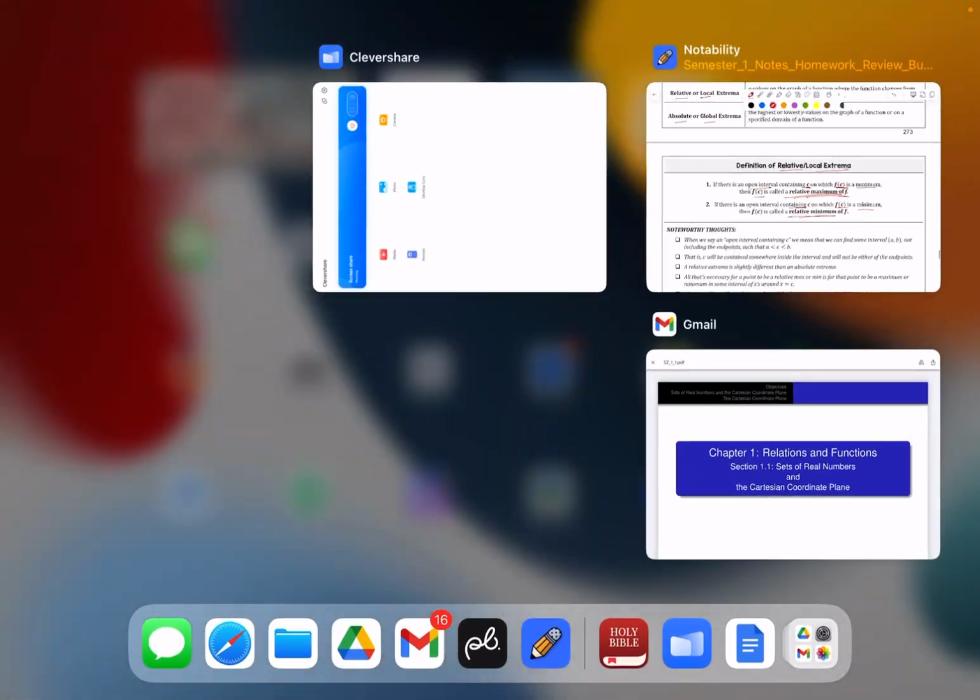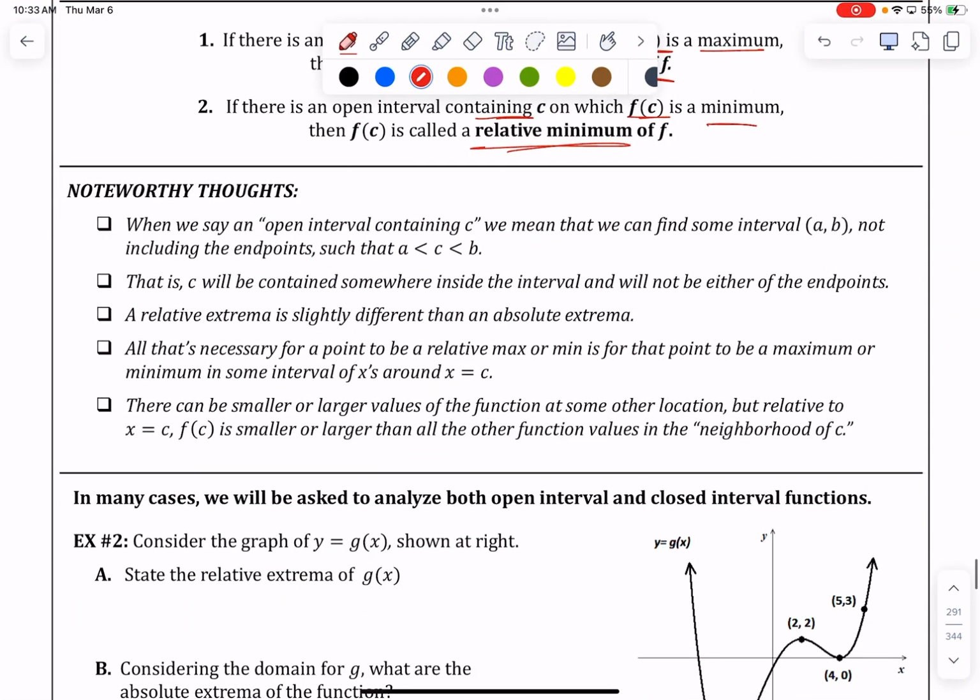All right? Noteworthy thoughts. We say that an open interval containing C means that we can find some interval A to B, not including the endpoints, where C is between A and B. Okay? That is, C will be contained somewhere inside that interval, not being the endpoints. A relative extrema is slightly different than an absolute extrema.